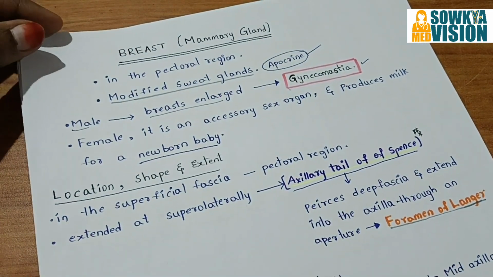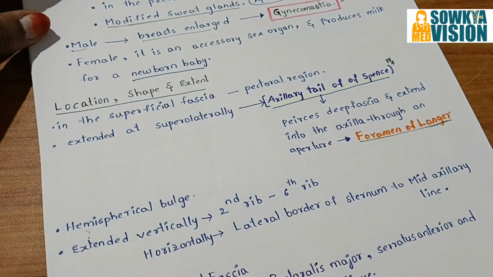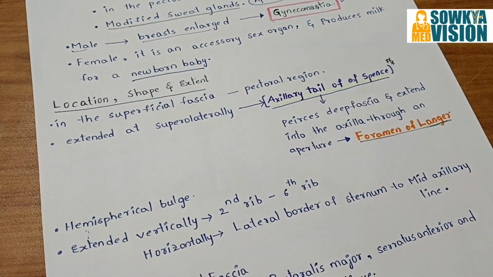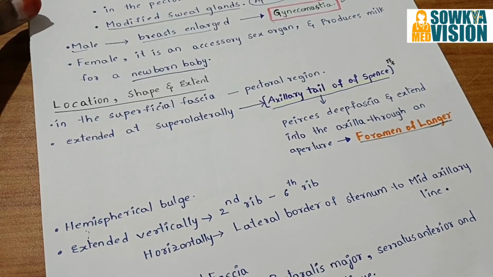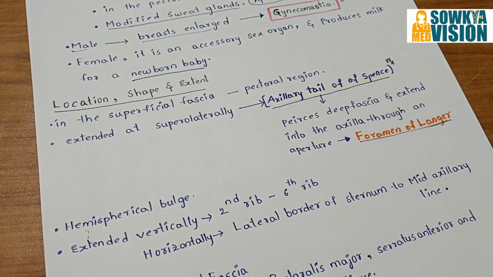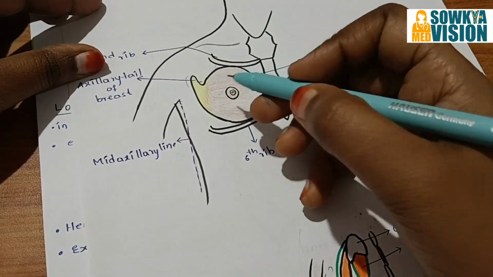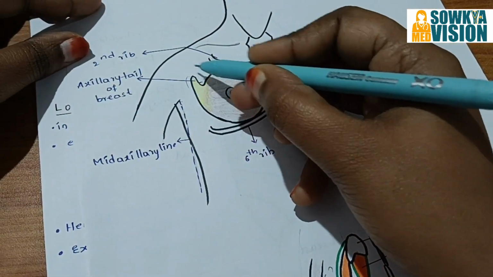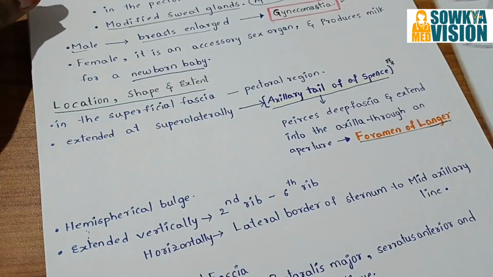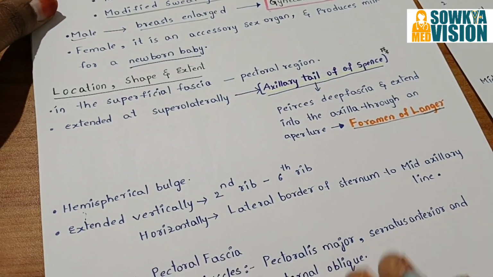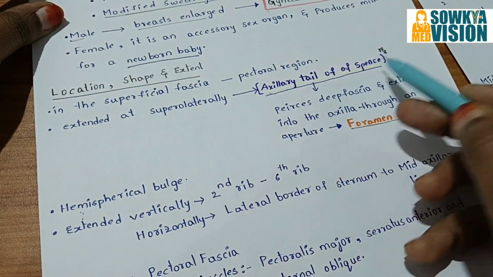Now let's see the location, shape and the extent of the breast. It is in the superficial fascia of the pectoral region. It extends superolaterally, superior and lateral, as a tail known as the axillary tail of Spence.